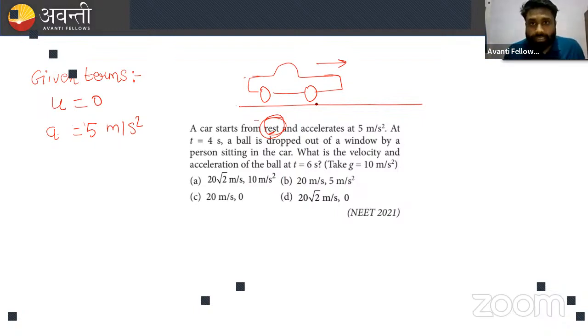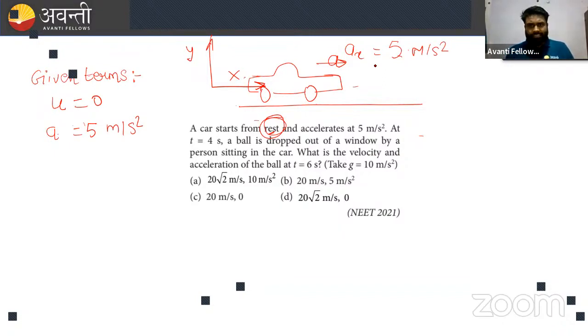So the acceleration of the car is also in the horizontal direction. Means this is the acceleration in x direction. If I consider this as the x-axis and this is the y-axis, this car is moving along the x direction. So ax is given as 5 meter per second square. This is the horizontal direction acceleration.